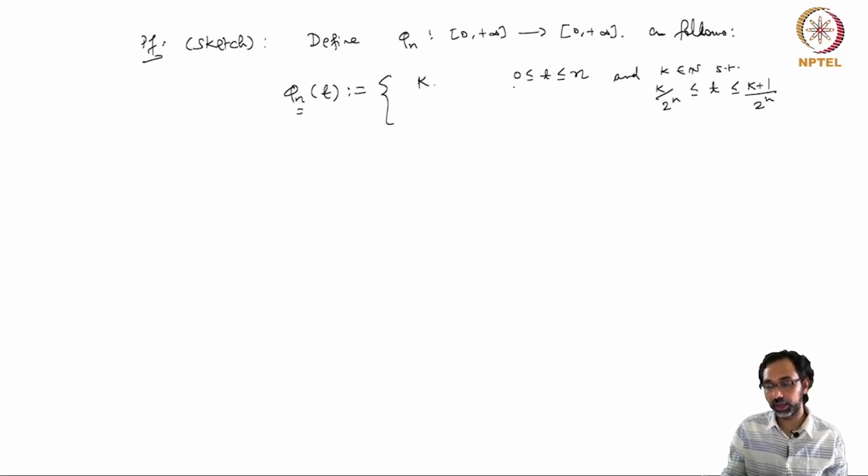So, for each t in this interval 0 to n, we subdivide the interval 0 to n into equal intervals of length 1 over 2^n, and our t will lie in one of these intervals, and we find this index k such that t lies between k over 2^n and (k+1) over 2^n.